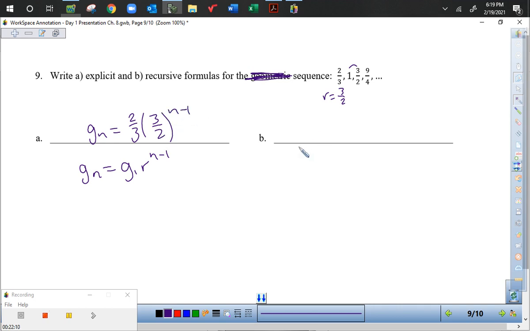Part B is the recursive, and I'm going to use this whole space. First write the first term, and that's that 2/3 again. And then the nth term is the rate times the previous term. So our rate was 3/2. And I like to, instead of saying times, just throw this thing in parentheses.